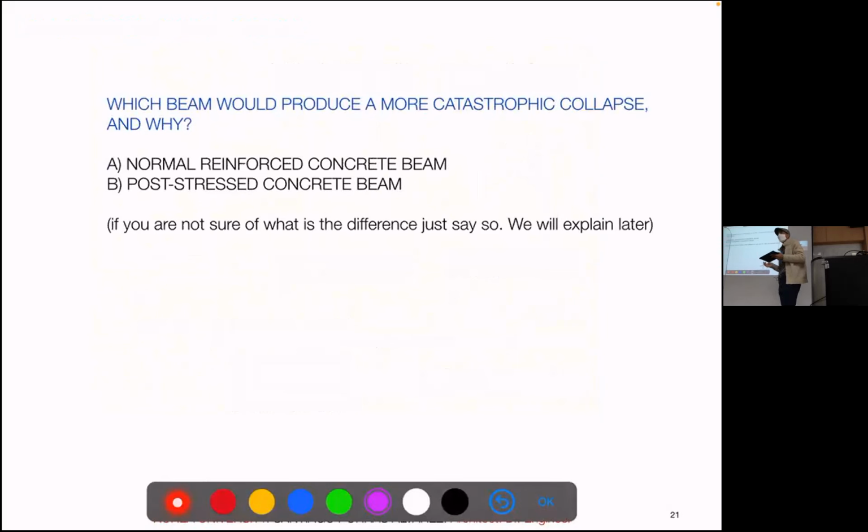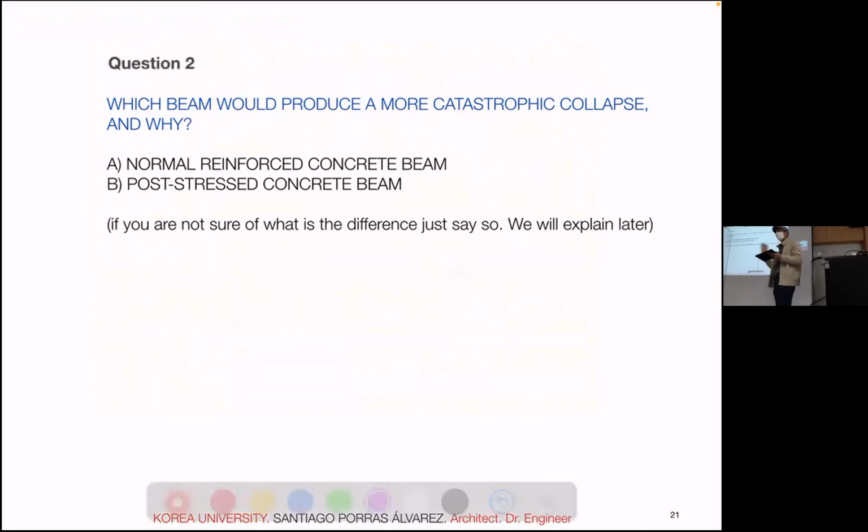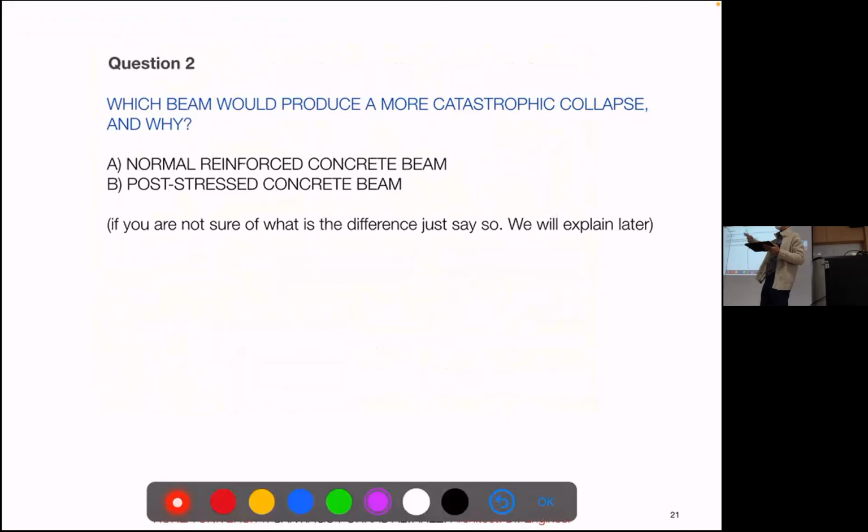So with all this energy, this is the second activity, right? We have two beams, one normal reinforced concrete beam and one pre-stressed concrete beam, which we'll comment on later. In case they collapse, which collapse will be more catastrophic? This is a straight application of what we said just a minute ago, right?